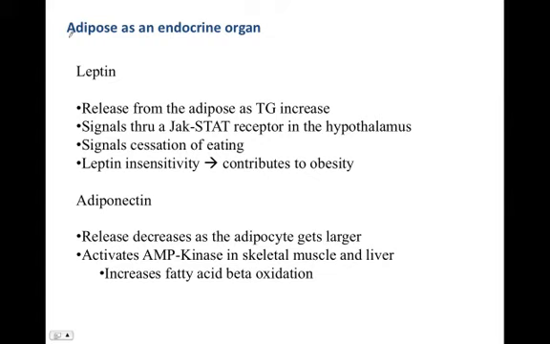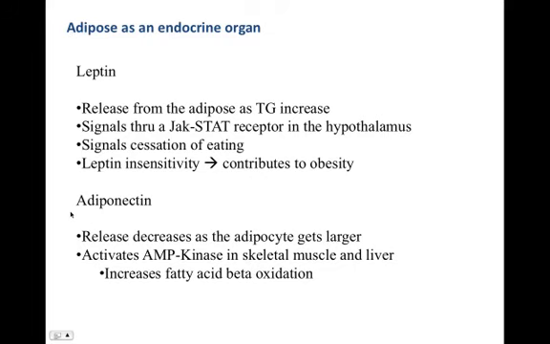In the case of obesity, leptin insensitivity has been shown to contribute to this disease. In that case, leptin is still released, but it isn't recognized, so the signaling cascade is not recognized by the cell, such that the feeling of cessation isn't instigated.